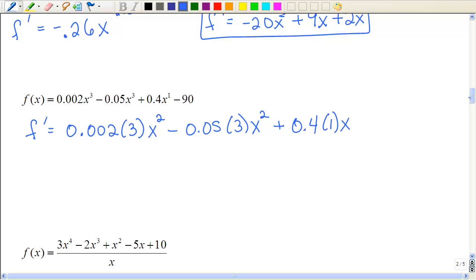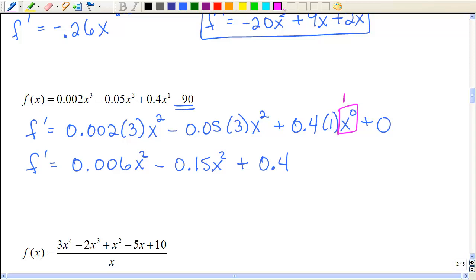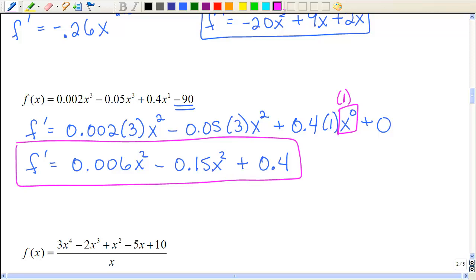Ooh, but what happens when I take 1 away from 1? Well, I get 0. And then, of course, that is 0. So let's clean that up. This is equal to just 1. x raised to the 0 power, really anything except 0, raised to the 0 power is 1. And that is our derivative.